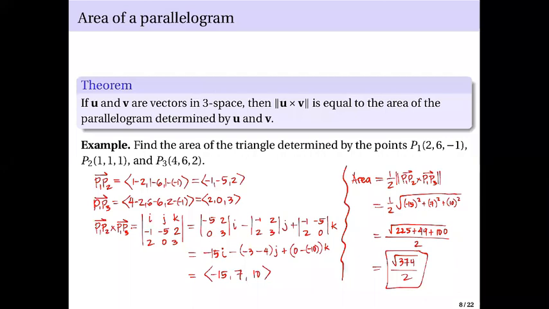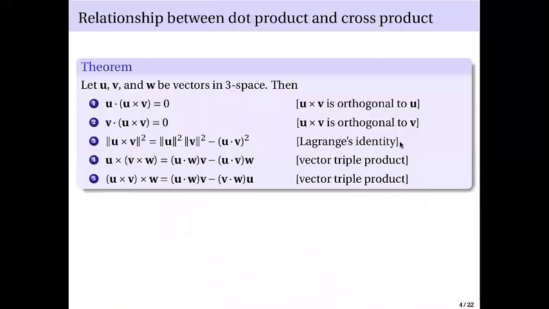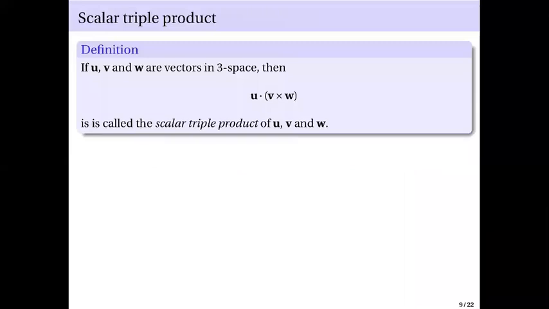So in this theorem, we have what we call the vector triple product, and it's calculated in this way. There's another triple product that we will consider. It's called the scalar triple product.